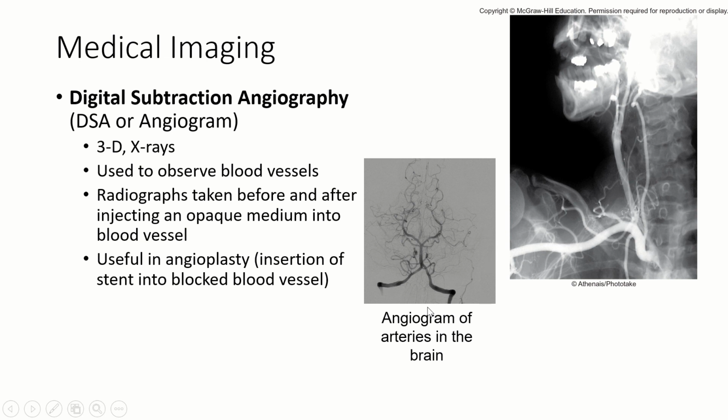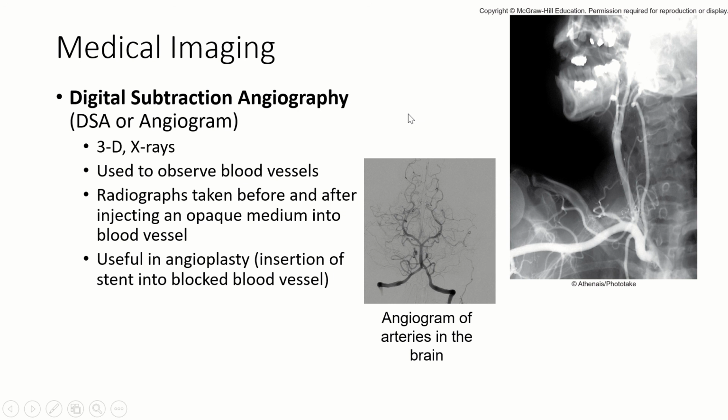Now, one of the things that both MRIs and CT scans can't do is show us blood vessels clearly. And sometimes we do need an image of blood vessels. And so the thing that can do that is called digital subtraction angiography, or angiogram, or DSA. Again, I do want you to know this full term.